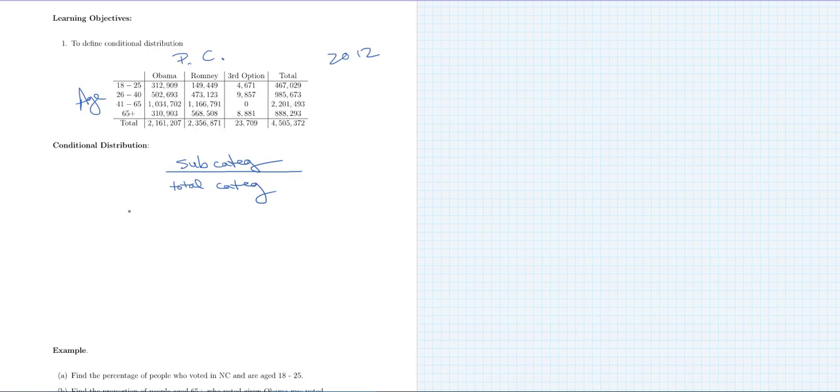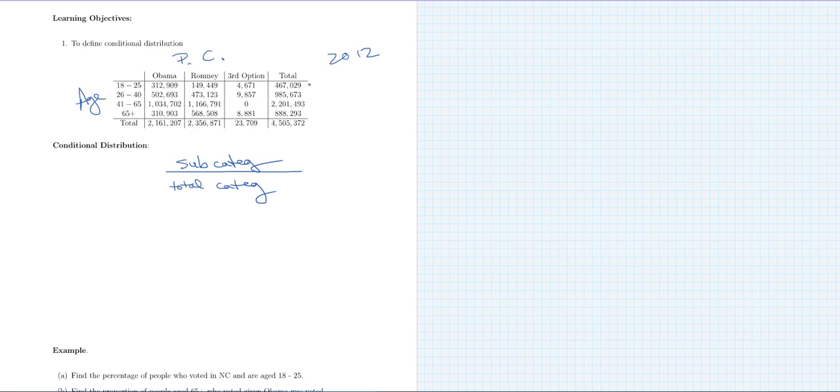In the example we just gave, the number of 26 to 40-year-olds who voted for Romney is this number. But we're asking what percentage of these people voted for Romney, so we want to do this over the total.